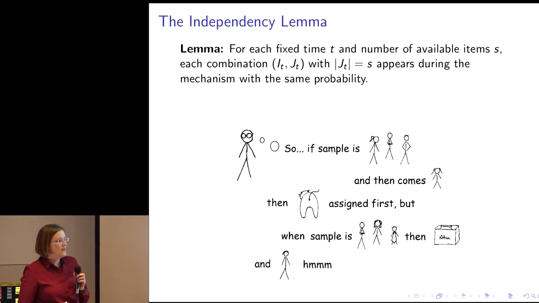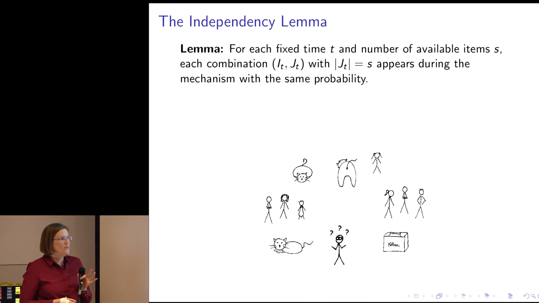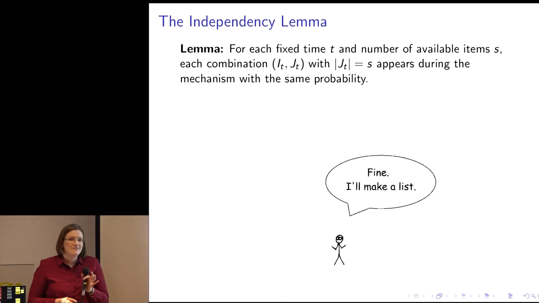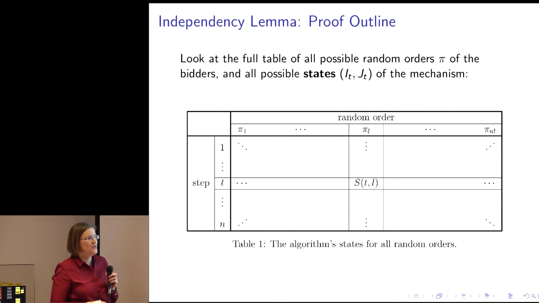Okay, so one word about the proof of this. It is kind of hard to think about, so there's a lot of things to handle. What we did in the end is just write it all up in a big, big table. And this is a table of all the states which depict the subgraphs that we compute on, that the mechanism might ever be in.